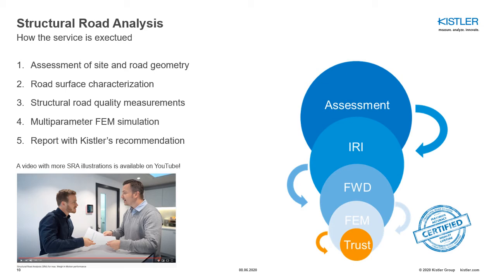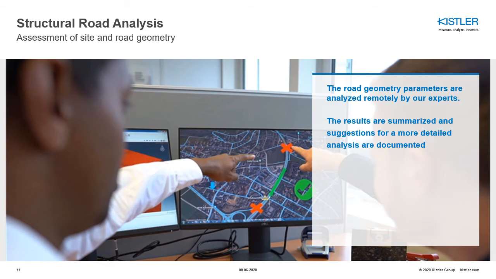If you want to know more about the process with some illustrations, there is a video available on YouTube on the official Kistler channel. So let's go a bit more into detail of all those steps. The road geometry parameters are analyzed remotely by our experts.